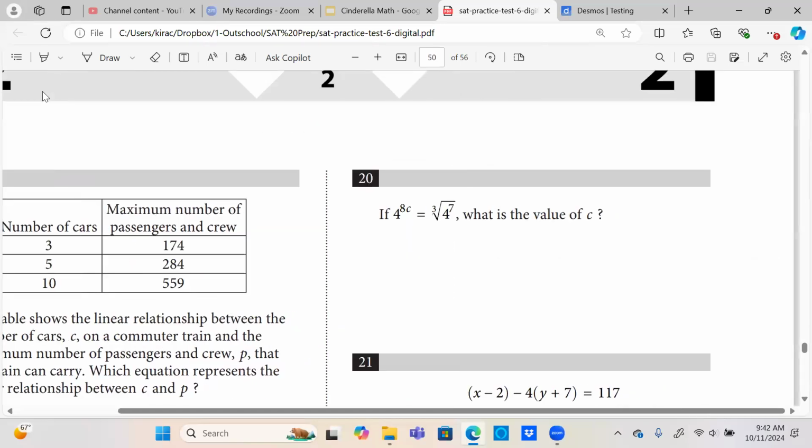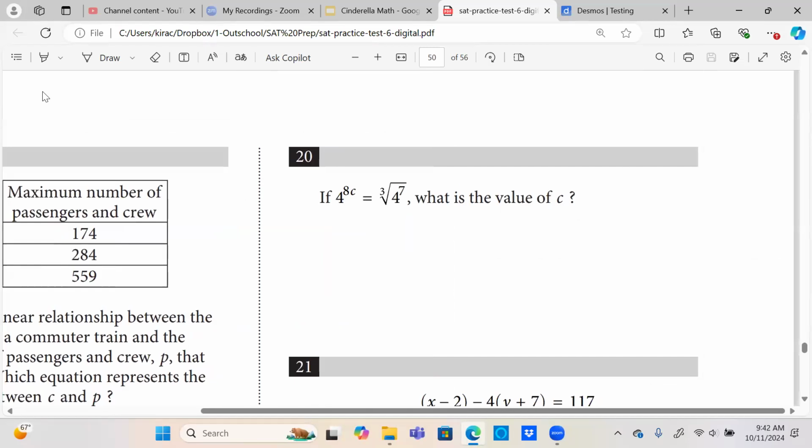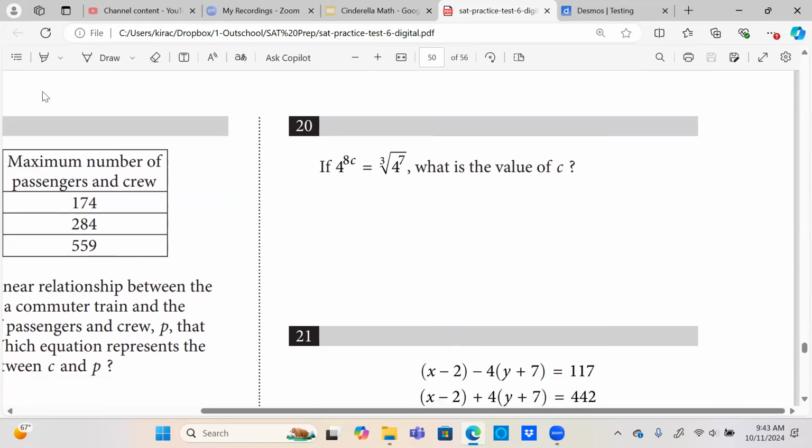20. If 4 to the power 8c equals the cube root of 4 to the 7th, what is the value of c? So this guy right here is really 4 to the 7/3, right? We can turn any root into a rational exponent, with the outer index always being the denominator and the inner exponent always being the numerator.